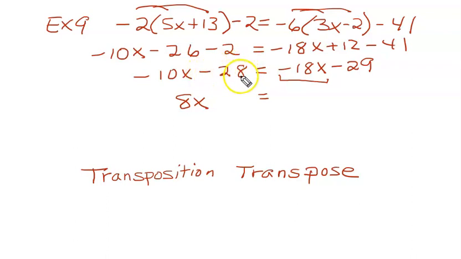So transposing it, that is physically taking it from this side to this other side, it changes its sign. It goes from a negative 28 to a positive 28, and a negative 29 gives me a negative 1.